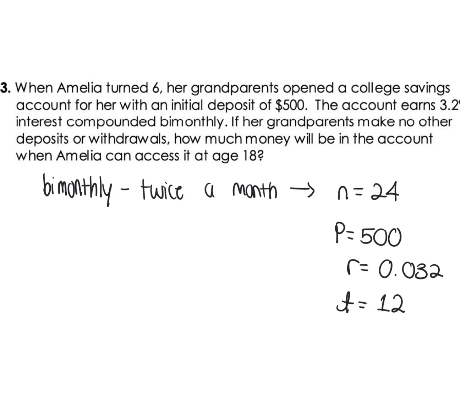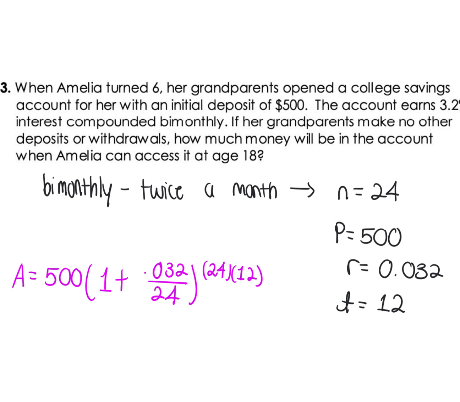So our amount is 500 times (1 plus 0.032 divided by 24), raised to the power 24 times 12. So then this will end up being about $733.88.